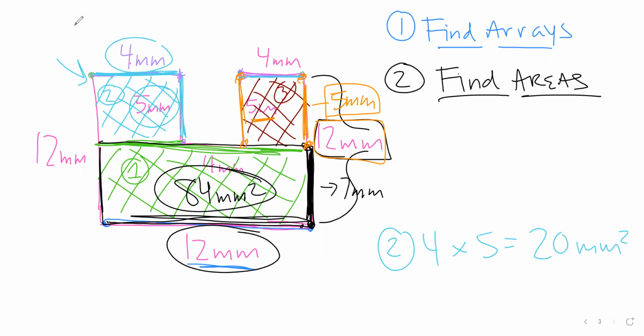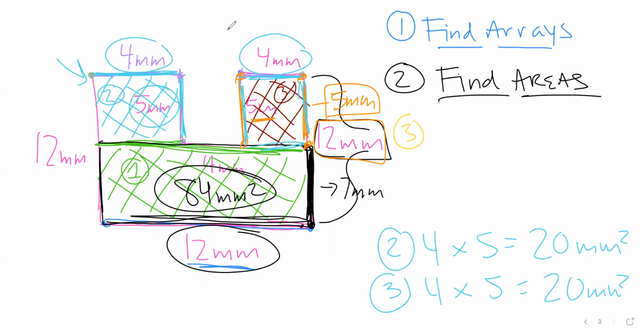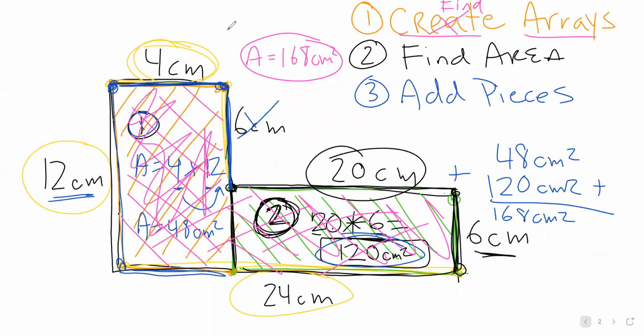And actually, look at this. Rectangle 3 is the same thing. Same dimensions, so I didn't have to do much computation there. Now if I want to know the area of the whole thing, I'm just going to add all my parts. This time I have 3 parts. If you remember, in the last one we had 2, we had 1 and 2. Oh, look at that, that's like a crazy art piece.